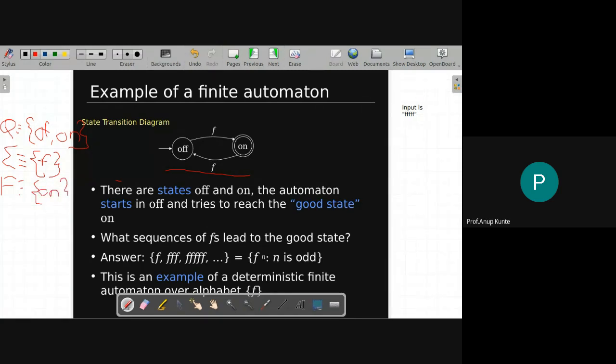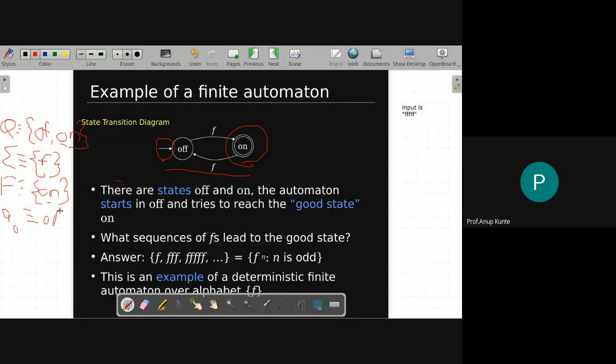Okay, only one state out of the two is part of final states, and that is indicated in this graph by a double circled state. Okay. Now these things are over. What will be the initial state? Q0. So Q0 in this case is going to be this particular arrowhead indicates that you are initially in off state. So my Q0 is OFF.